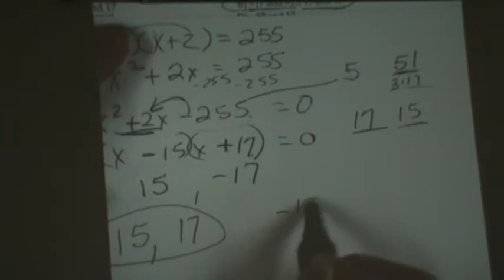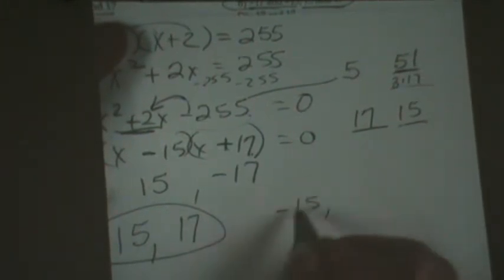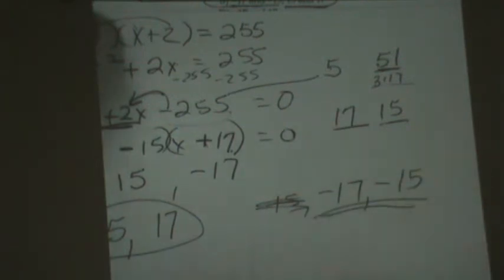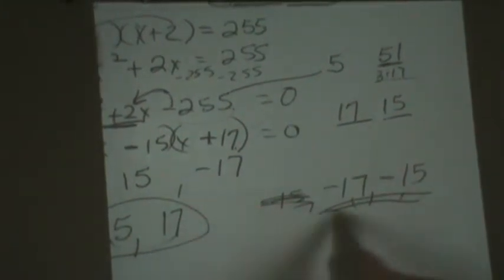And actually it'd be negative 17 would come before negative 15. And there's two odd integers. Okay? That one and plus 2, that one and plus 2. So that's all the pairs that satisfy it, okay?